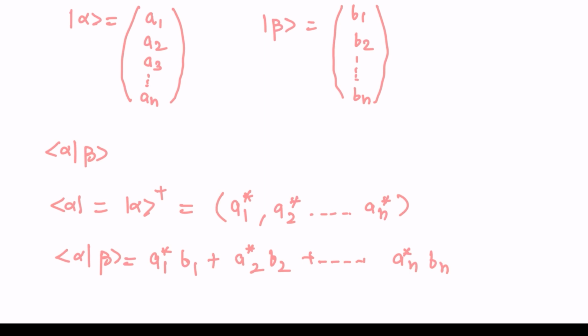Whenever you have a linearly independent set of vectors, which we will do later, you can always create an orthonormal basis. This is using the Gram-Schmidt procedure. You can always take a linearly independent set of vectors and make them orthonormal to each other. We will do that in a separate video.